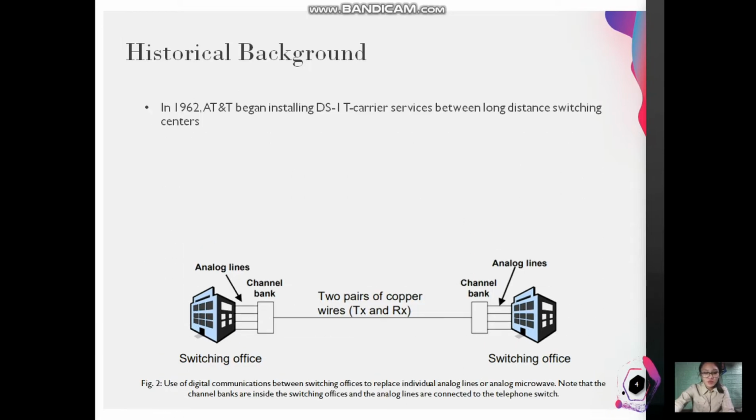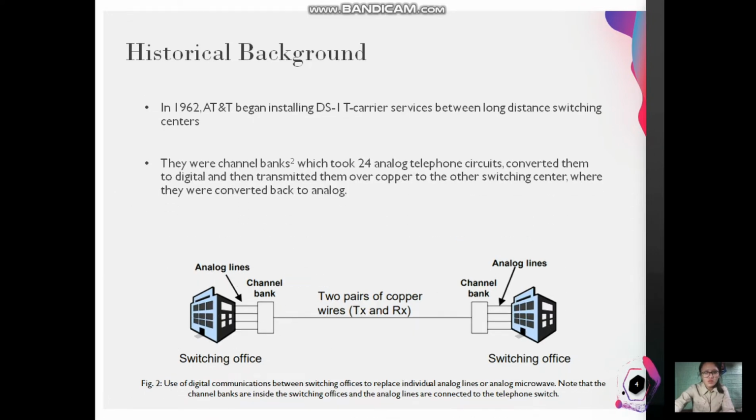Now in 1962, AT&T began installing the T1 carrier services between long-distance switching centers. Basically, these were channel banks, which took 24 analog telephone circuits, converted them to digital, and then transmitted them over copper to the other switching center where they were converted back to analog.